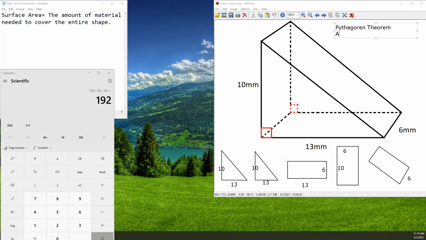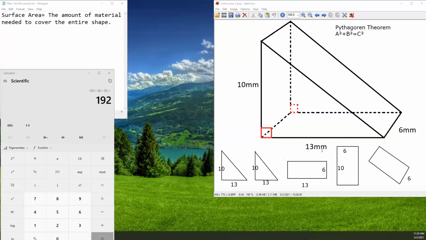It's a squared plus b squared equals c squared. A is either leg, b is the other leg, and c is always the hypotenuse. So we're looking for the hypotenuse.